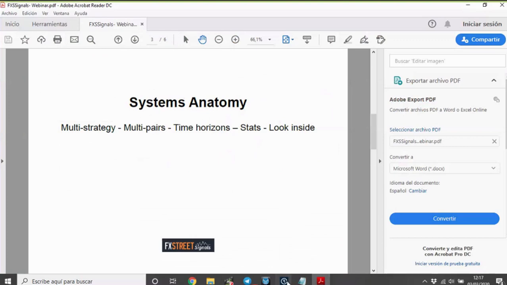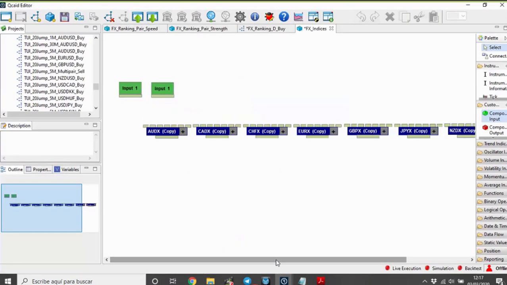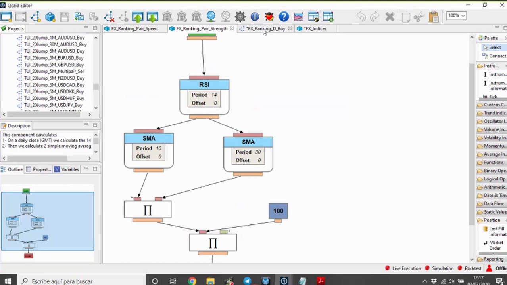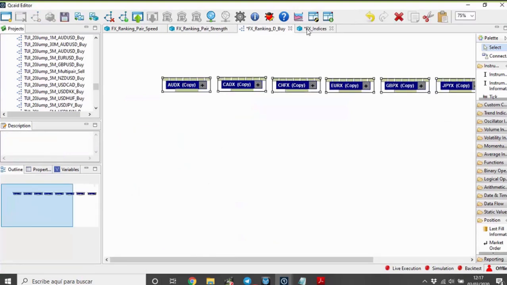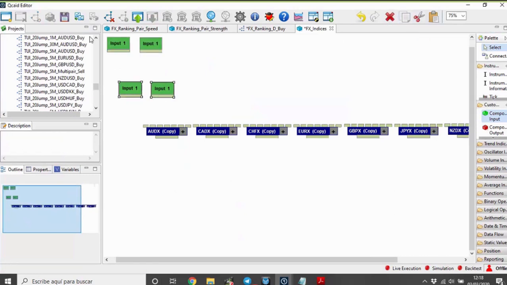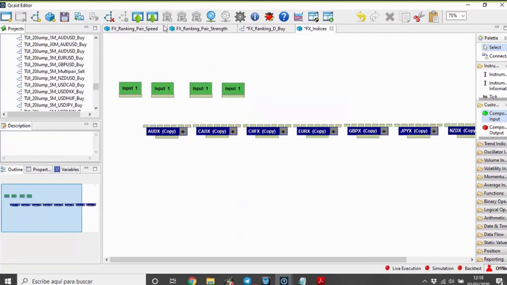And a look inside our platform. This is the platform we are using. This is a drag and drop type of platform, where we construct the strategies not by coding directly, but with drag and drop, which allows us to build the strategies in the form of flow diagrams.